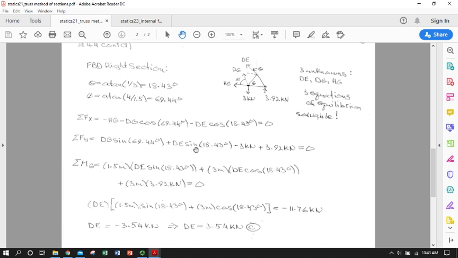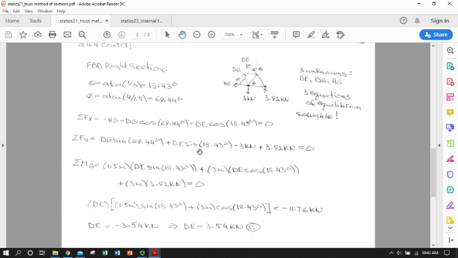HG is horizontal. For moment, I chose to take moment about point G because in so doing I could eliminate the forces for member DG and HG, and then I could get one of those three immediately.